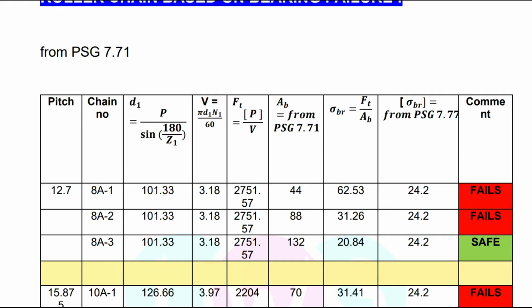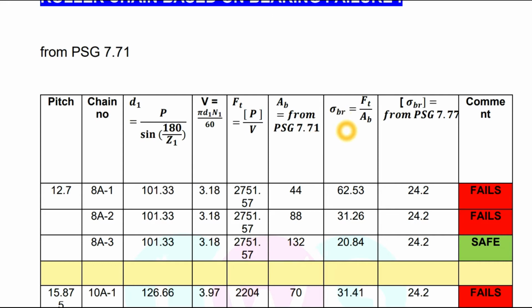Next is FT. The formula for FT is design power upon V. Next is AB, the bearing area, which you will get from the table on PSG page number 7.71, from the third last column, the bearing area.